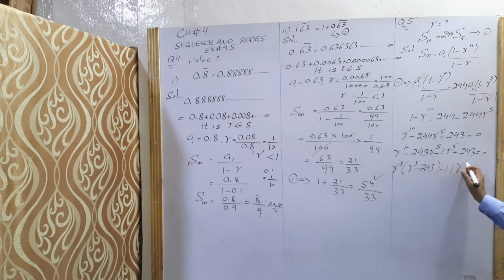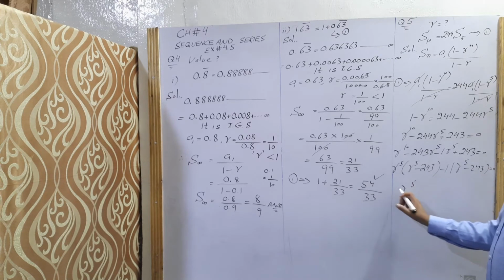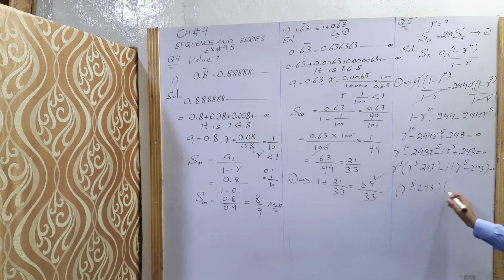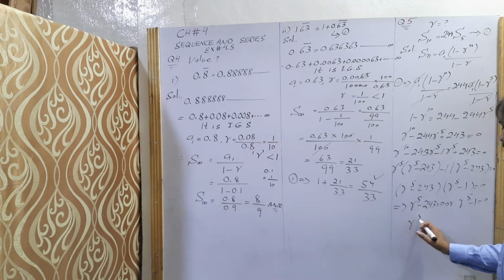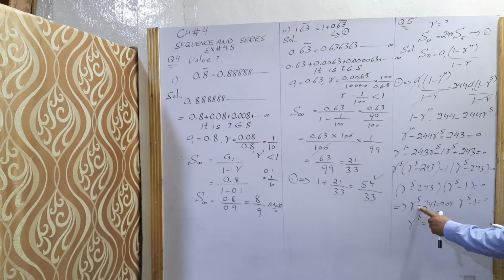The product of two factors is 0, this implies that r^5 minus 243 is equal to 0 or r^5 minus 1 is equal to 0. Moving to the right, 243 can be written as 3 raised to power 5, and 1 can be written as 1 raised to power 5.